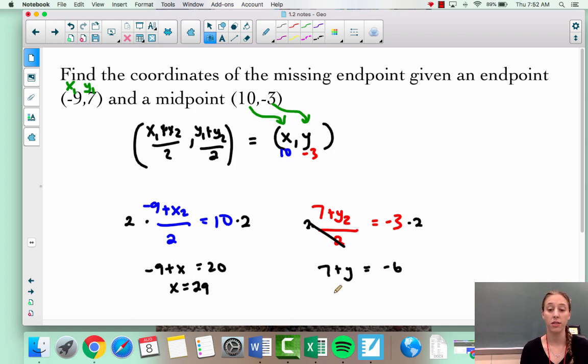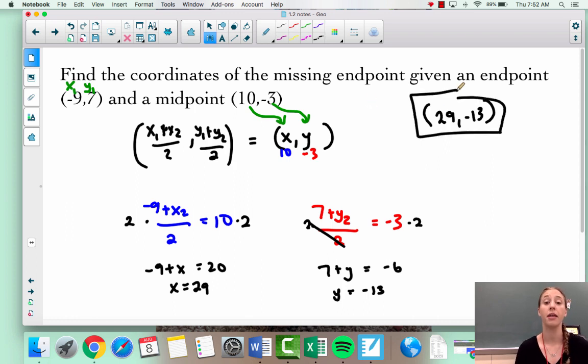Subtract that 7 over, and we get y is equal to negative 13. So my ordered pair here that I was missing would be 29, negative 13. And then you'd be done. And you could check your work, take that endpoint we just got, and then use the other endpoint they gave you, find the midpoint, and see if you end up with 10, negative 3. So it's the same formula, it's just a little extra work because you're working backwards.